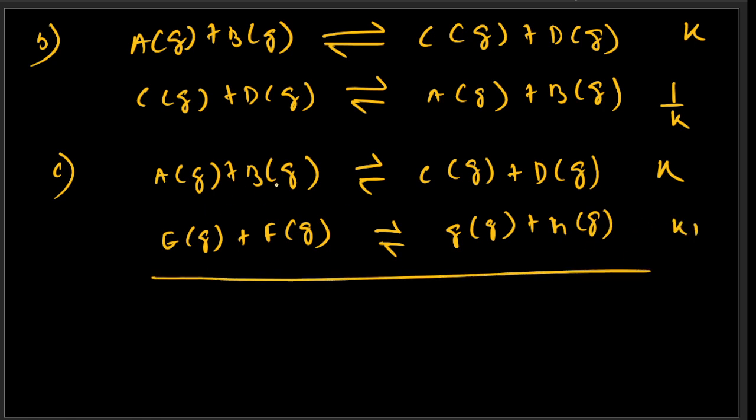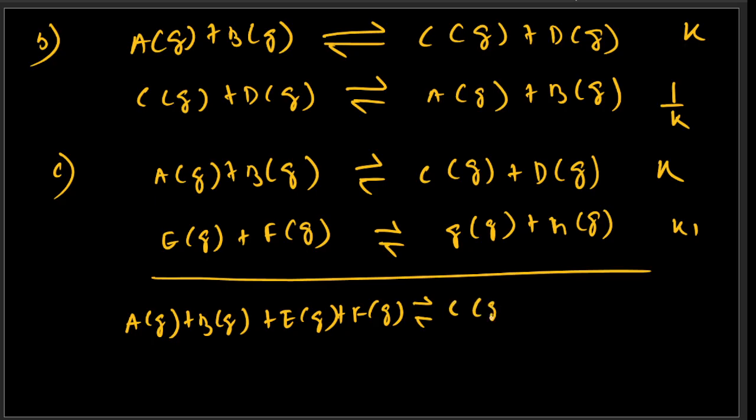If I add these reactions, then A gas plus B gas plus E gas plus F gas gives C gas plus D gas plus G gas plus H gas, and the equilibrium constants get multiplied.